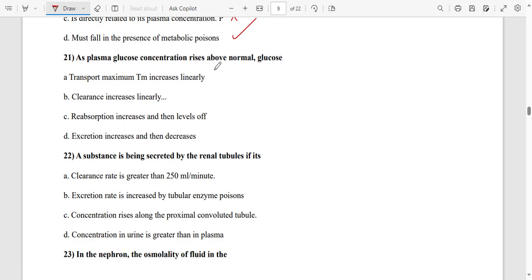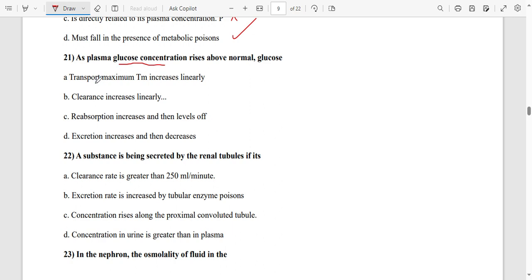As plasma glucose concentration rises above the normal, glucose. So when plasma glucose is rising above normal, what happens if you have too much glucose? You know that glucose is normally stored, but if the glucose in blood rises too much beyond normal, the excess can be excreted.